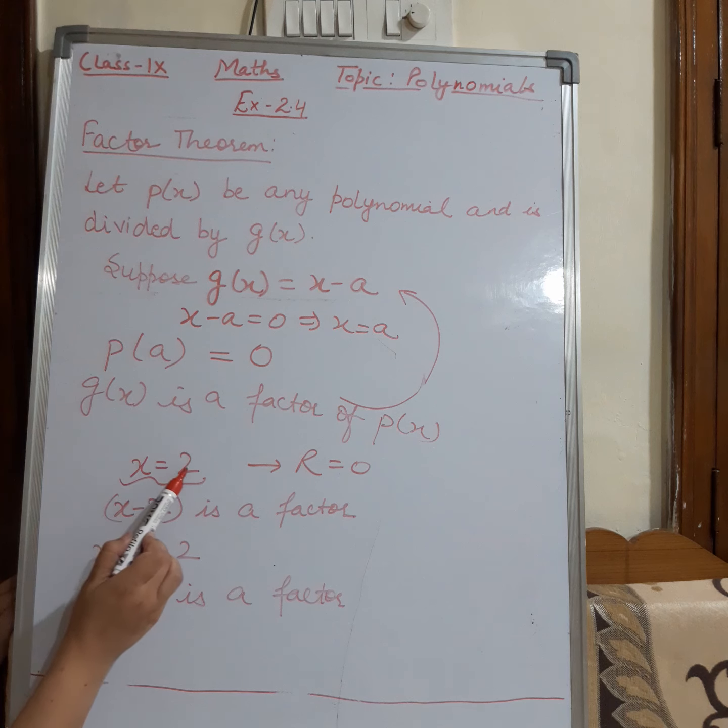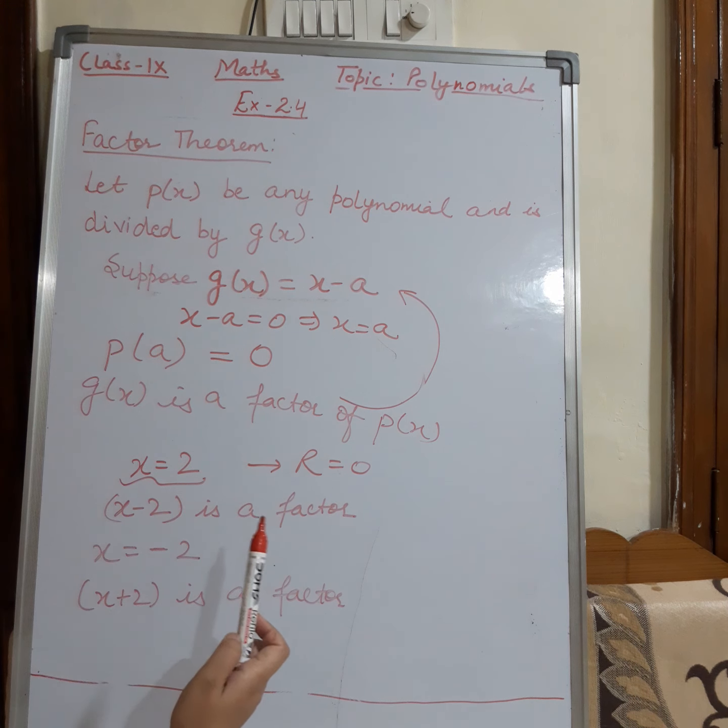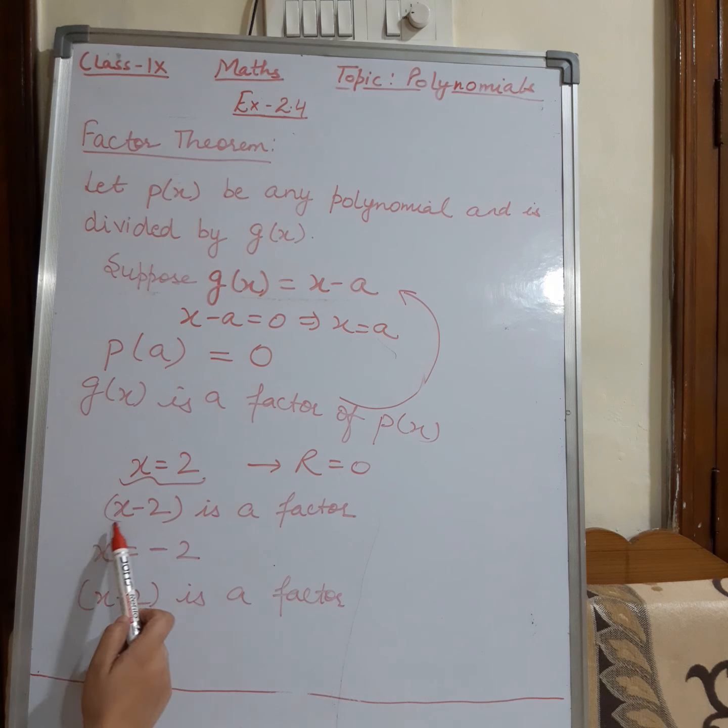Is it clear? We'll be bringing this side here. If we have substituted x is equal to 2, so x minus 2 will become the factor. Same way, if I have substituted x is equal to minus 2, this will come this side, so x plus 2 will be my factor. I hope it's clear. With examples it will be more clear.